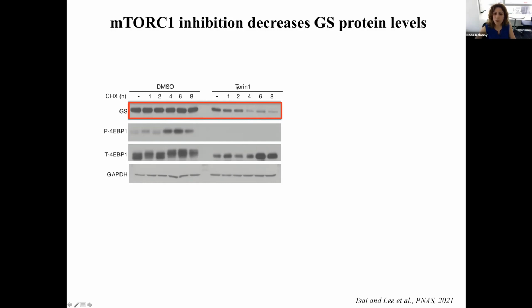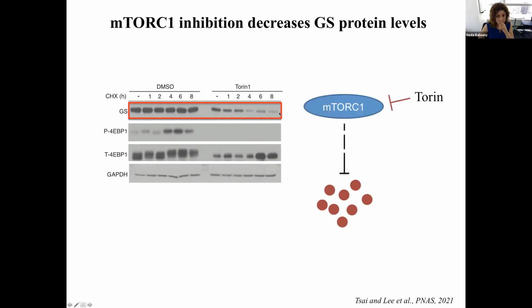And only when we treated the cells with Torin-1 to inhibit mTORC1 did we see a significant decrease in the levels of GS, indicating that mTORC1 is regulating GS at the post-translational level. And perhaps we wondered, is mTORC1 preventing the degradation of GS? And so if we inhibit mTORC1, then we see its degradation.